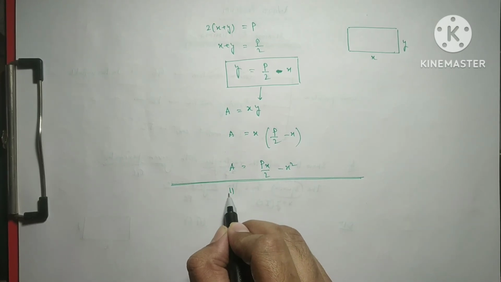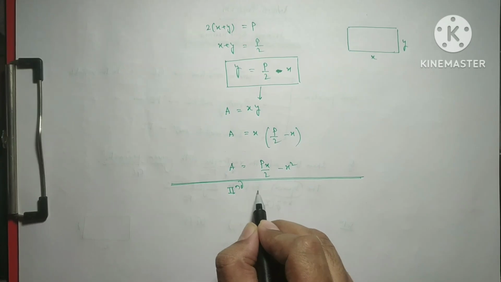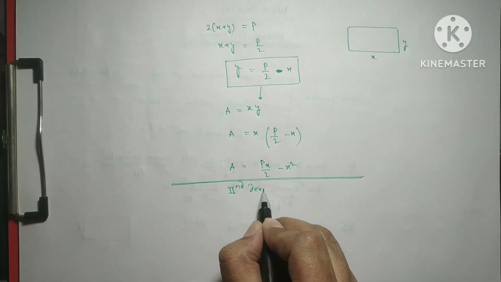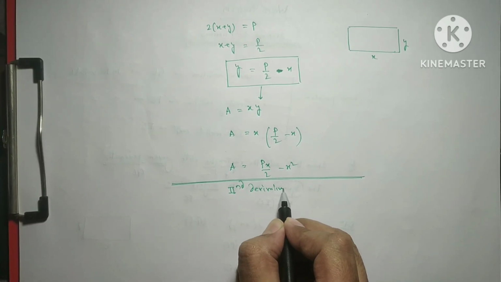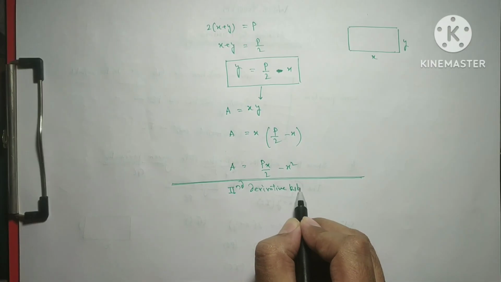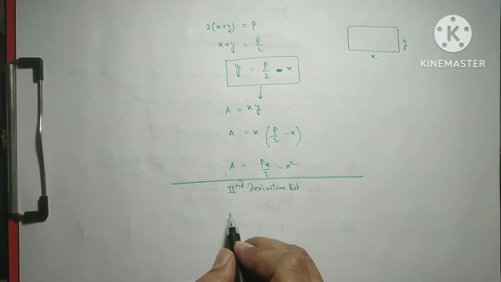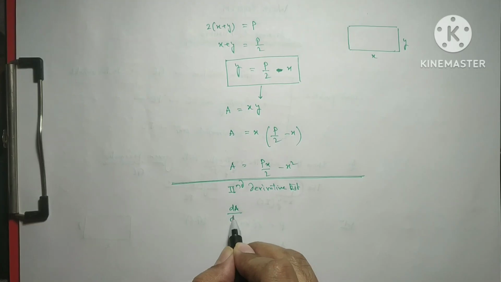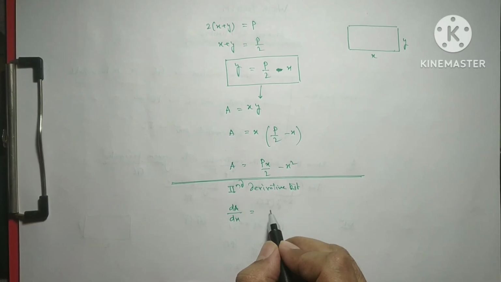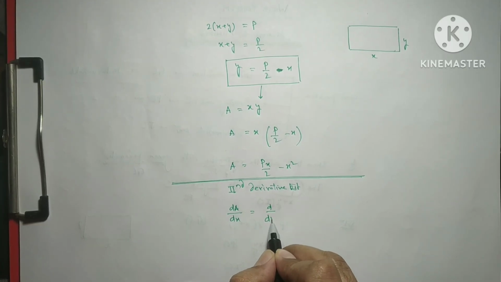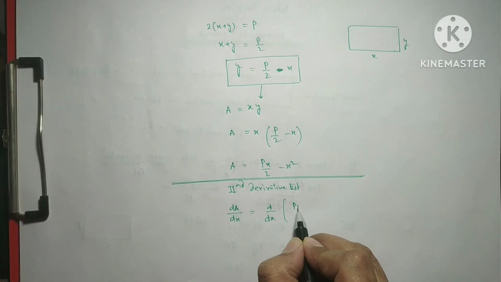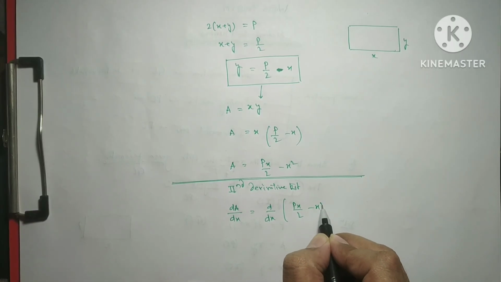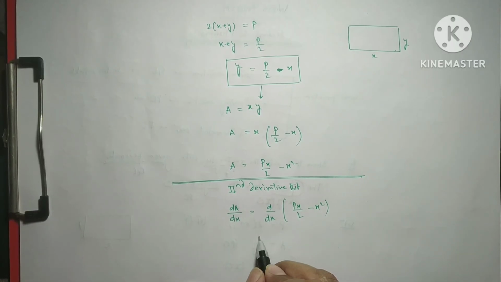So second derivative test is we will differentiate the area function dA over dx. So d over dx of Px by 2 minus x square. So we get P by 2 minus 2x.